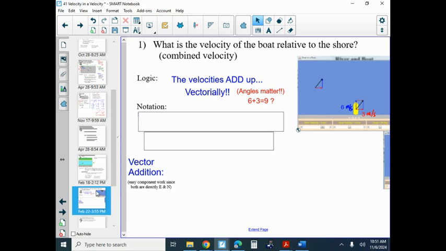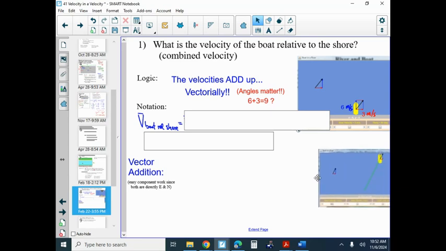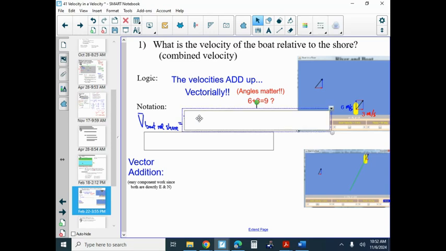The program or whatever. So the notation that also is going to be talked about here is we want you to think of the velocity of the boat relative to the shore, right? That combined velocity that you see going on this green diagonal, right? That's the velocity of the boat relative to the shore. It is the sum of the two, right? It's the 2 velocities, the velocity of the river and the boat added up.